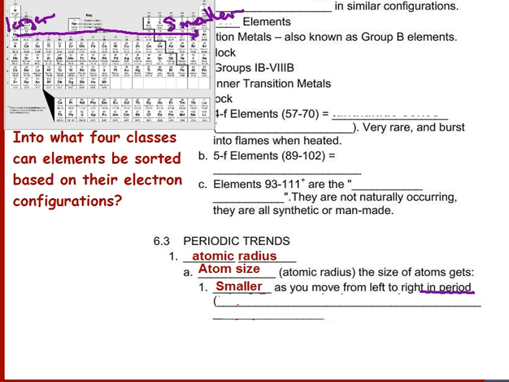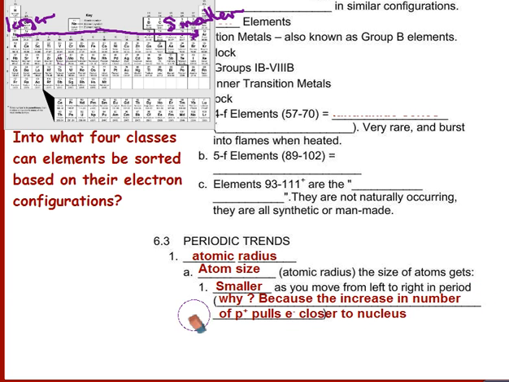All right, and this happens because the increase in the number of protons pulls the electrons closer to the nucleus. Since the electrons are staying within the same energy level as we go across the period, they're relatively the same distance from the nucleus, but the nucleus gets bigger with more protons.